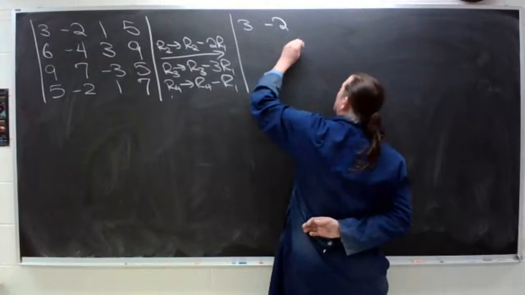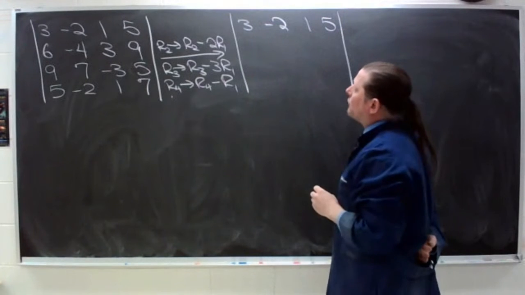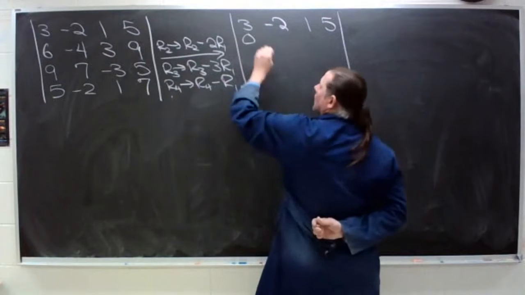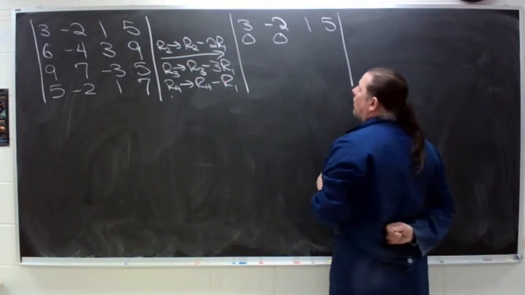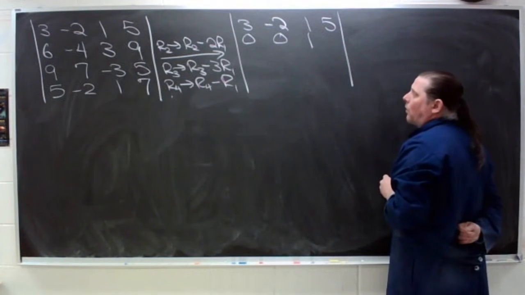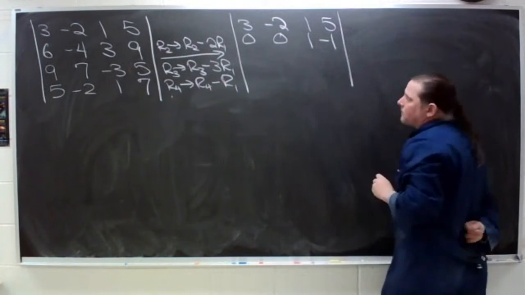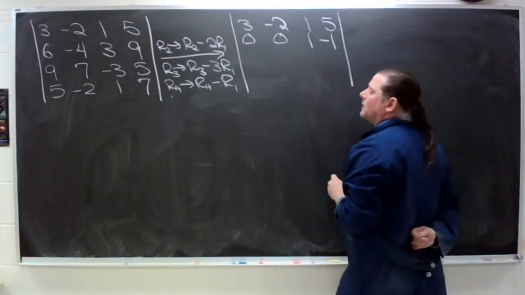3, negative 2, 1, 5. All right, row 2 minus 2 row 1. All right, row 3 minus 3 row 1.